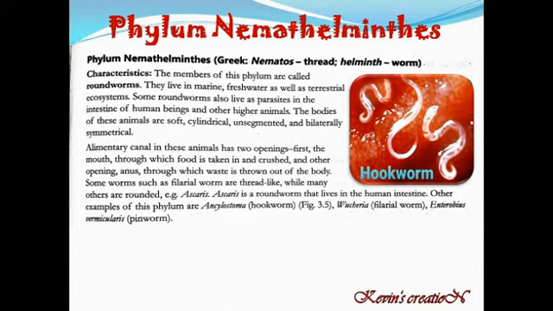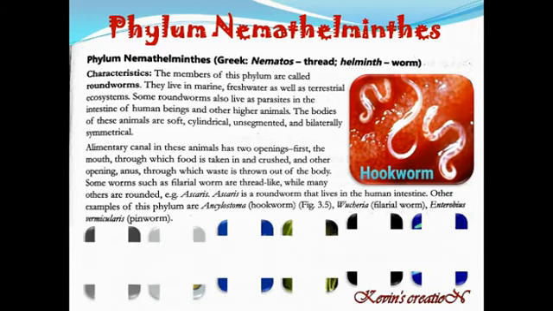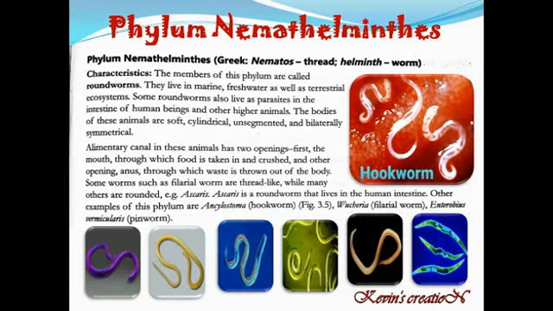Other examples of this phylum are Ancylostoma, that is hookworm, Wuchereria, that is filarial worm, and Enterobius vermicularis, that is pinworm. So these are various types of roundworms. Let's see the examples. So these are the members of Nemathelminthes.